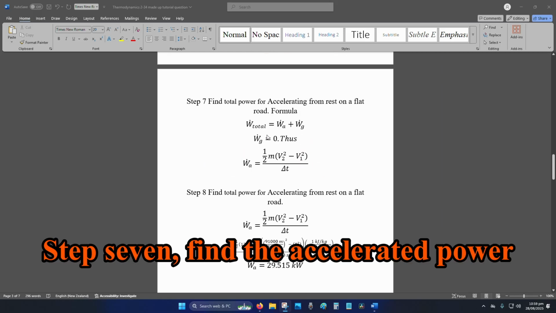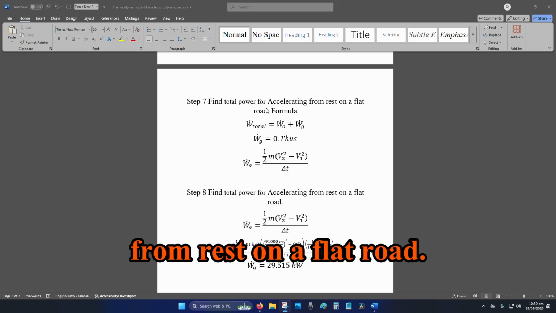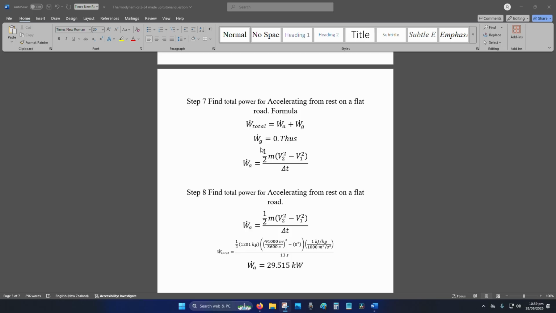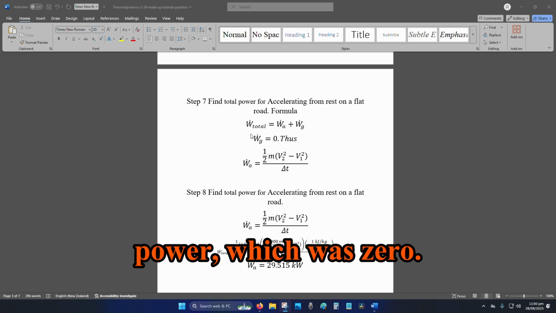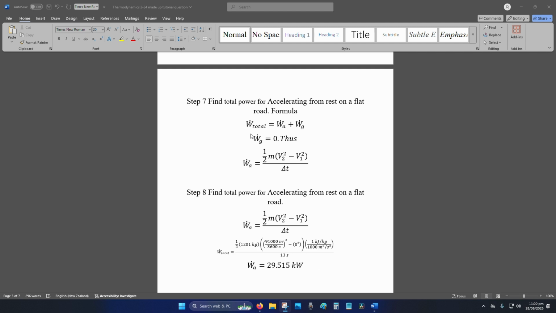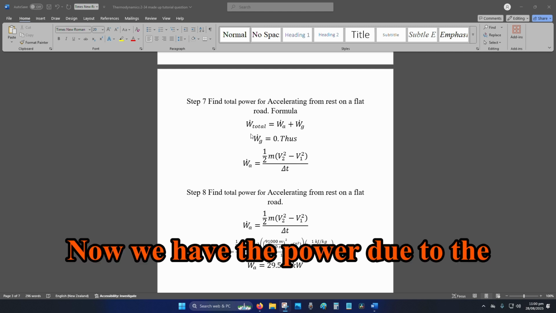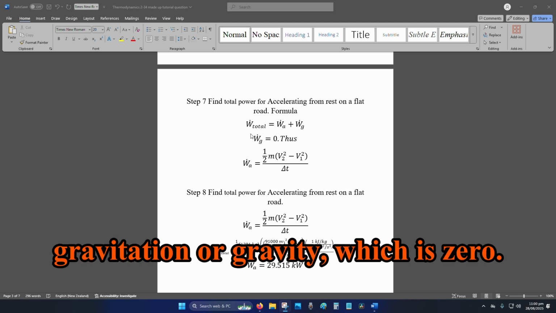Step 7, find the accelerated power from rest on a flat road. So for part B, we had the acceleration power, which was 0. Now we flip it. Now we have the power due to gravity, which is 0.